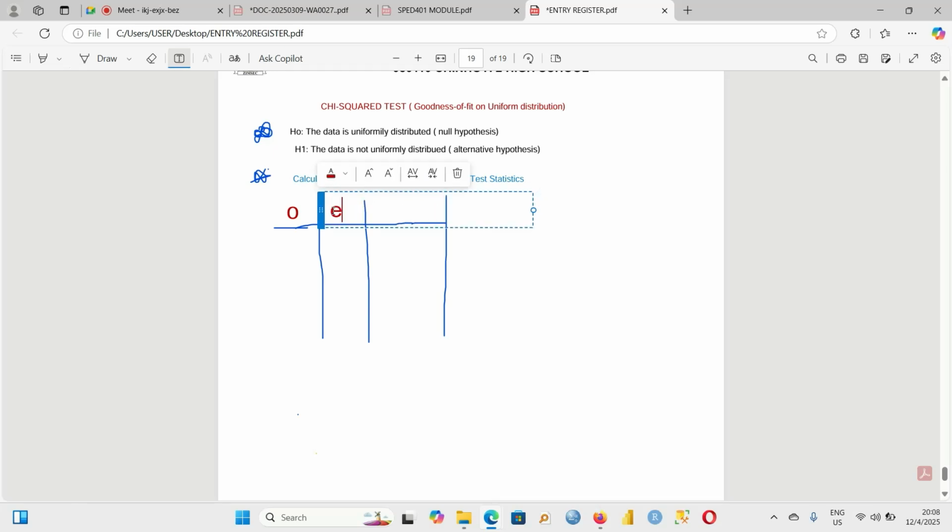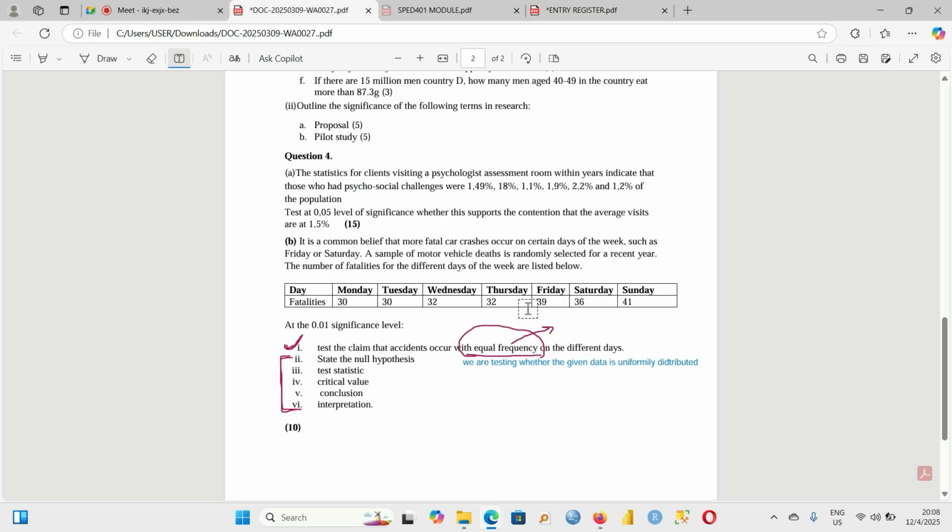From the table, these are the observed frequencies. The fatalities that were recorded are the observed frequencies. The first one, Monday, is 30, and Tuesday, 30.